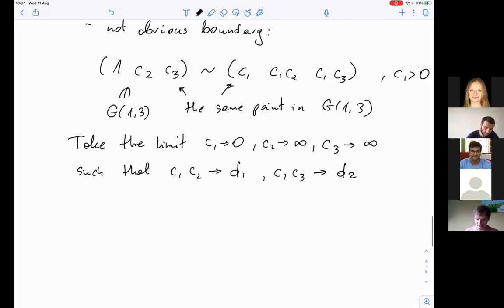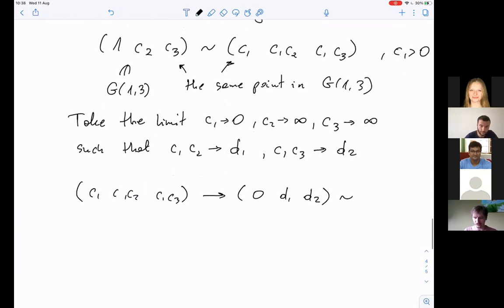So what happens is that when I take this limit, this point C1, C2, C3 goes to a point which looks like 0, D1, D2. And then again, because this is an element of the Grassmannian, I can always rescale it. So I can remove one of these parameters. So I can rescale it, and let me use a different letter. I can bring it to this particular form.